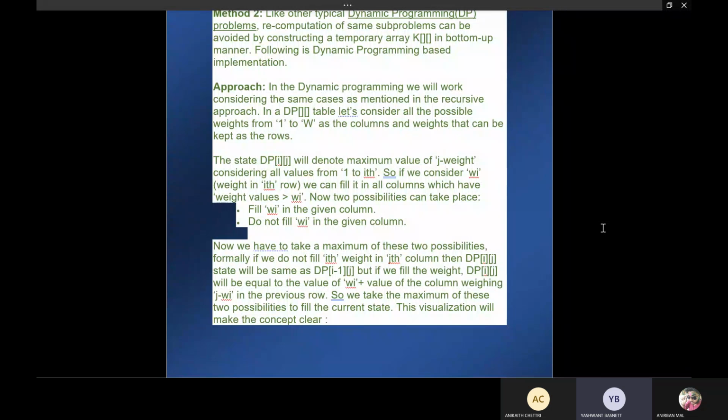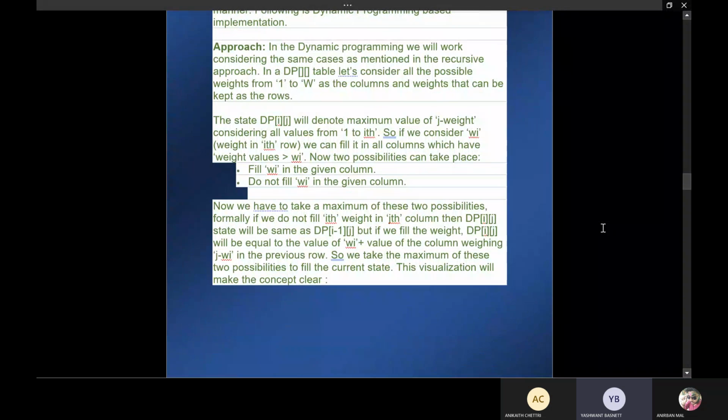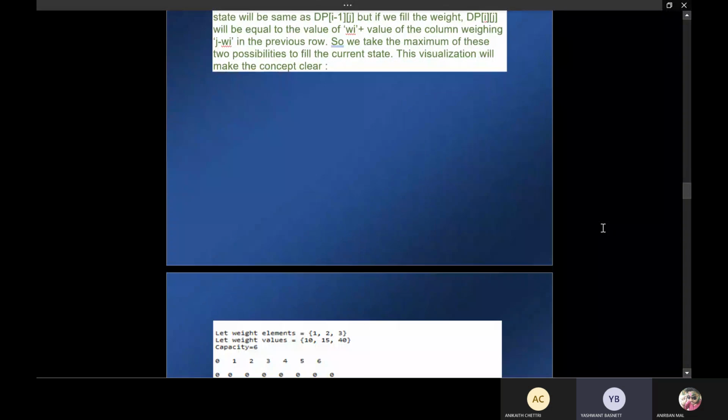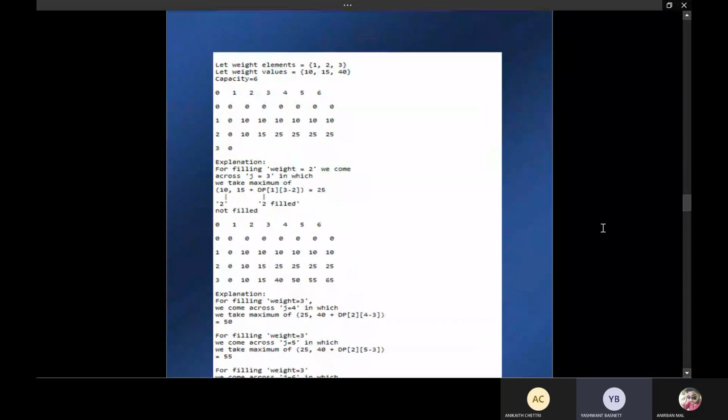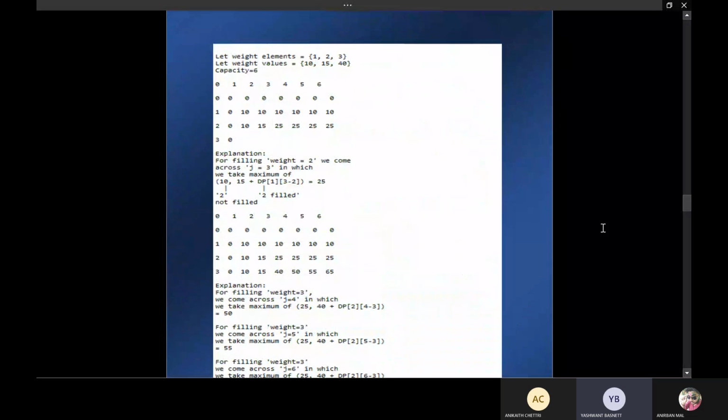Now let us see what we have just explained through visualization to make the concept clearer. Here we have a list containing the weights of the elements. We have three items in the list, and we also have the values, as well as the capacity, which is given as 6.